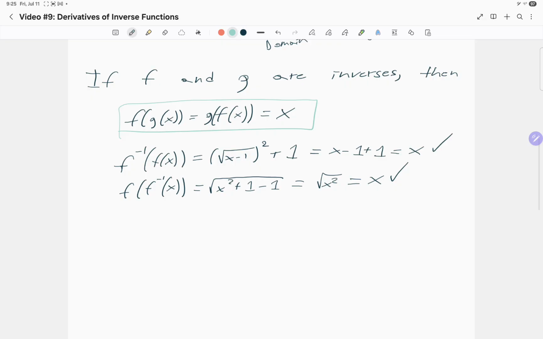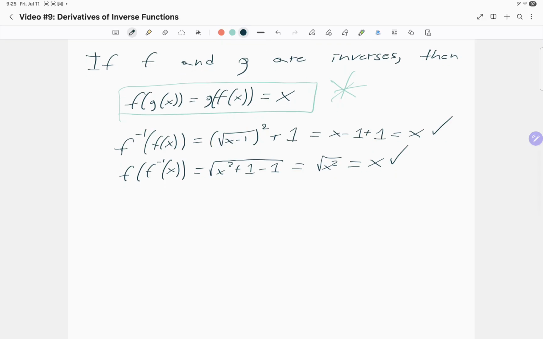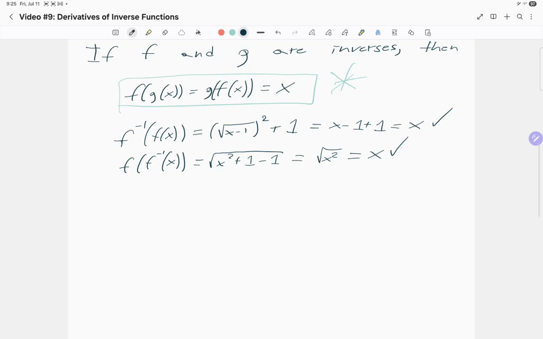And so this fact is really important for how we're going to very simply derive an expression to solve for derivatives when we know that two functions are inverses of one another. So with this rule, I'll jump right into it. If f and g are inverses, this is still true: f of g of x equals x.